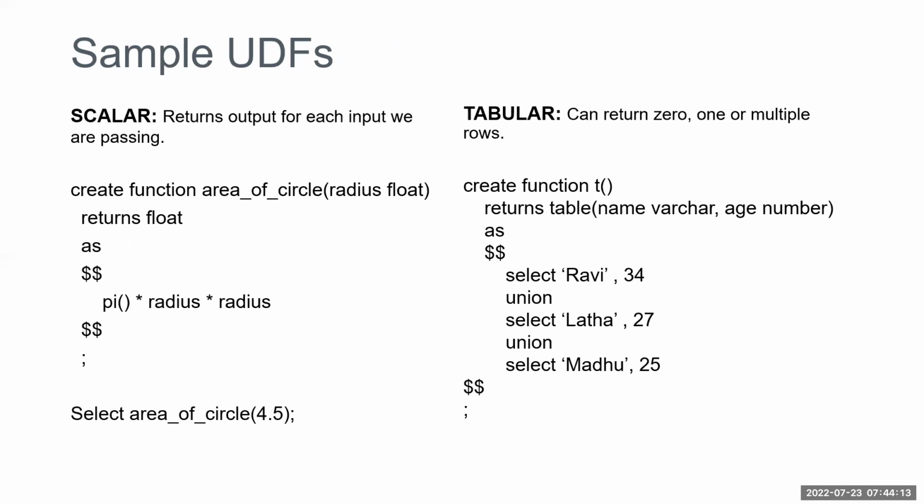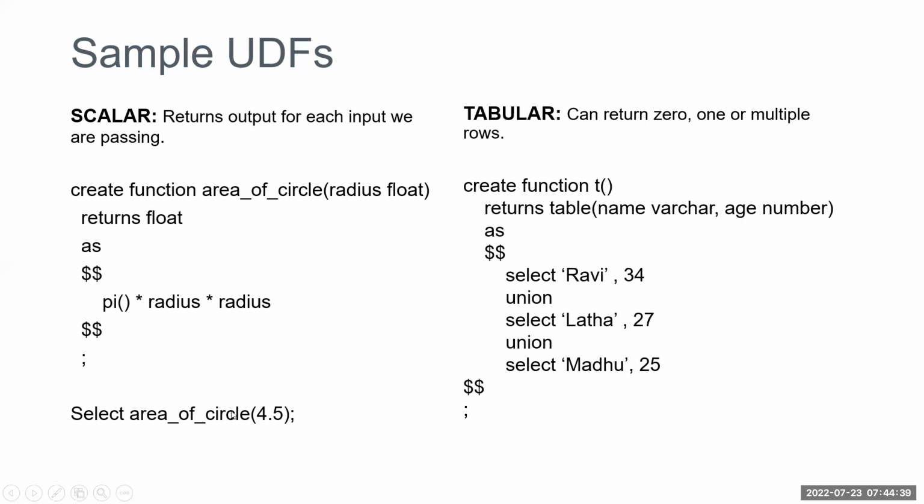There are two types of UDFs: scalar and tabular. Based on the return type, there are two types. One returns the scalar type, and one returns the tabular type. The scalar type returns an output for each input we pass. Whenever you calculate some function by passing some input, it will definitely return some output.